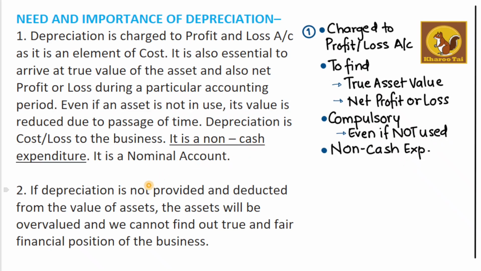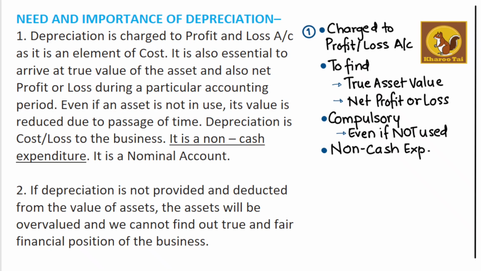It is a non-cash expenditure. What is non-cash expenditure? Here in depreciation, when we book it in the profit and loss account, we don't pay out any cash. For many expenses like salary, transportation, whatnot, we pay cash, right? Cash, not in the sense of hard cash or bank. There is a cash outflow from the business.